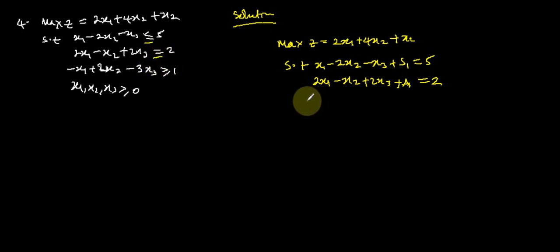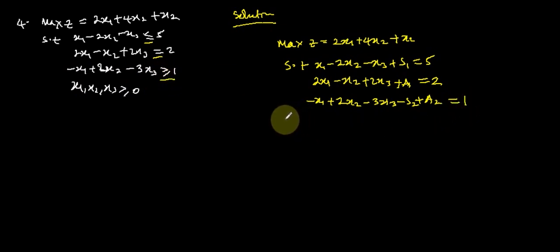On the third constraint, we have minus x1 plus 2x2 minus 3x3, then we minus s2, which is our surplus variable, and we add a2, which is our artificial variable, because of this greater than or equal to, and we equate this to 1.